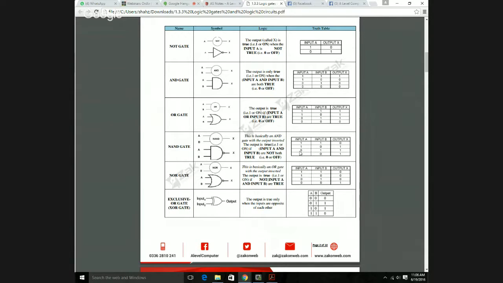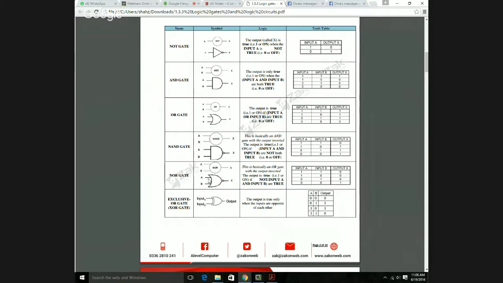NAND gate is simply the opposite of the AND gate. For example, if we are having 1, 1, 1, what happens in the NAND gate? It will become 0. 1, 0 will become 0 in the AND gate. What happens in the NAND gate? It will become 1. You can see that. It's simply the opposite of the AND gate.